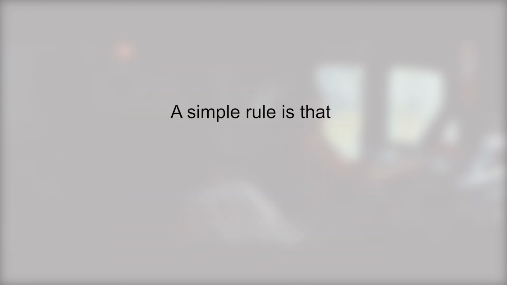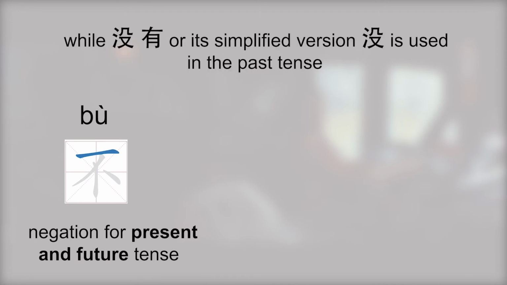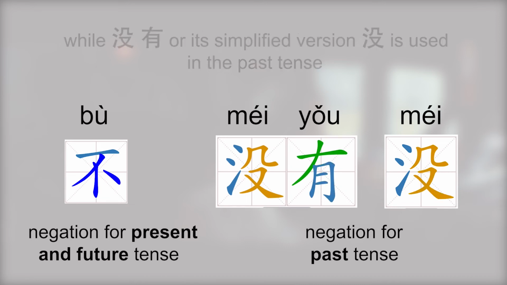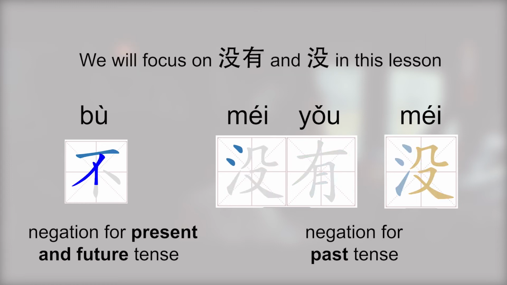A simple rule is that 不 is normally for present and future tense, while 没有, or its simplified version, 没, is used in the past tense. Since HSK1 only requires learners to have a command of completion 了 in past tense, we will focus on 没有 and 没 in this lesson.